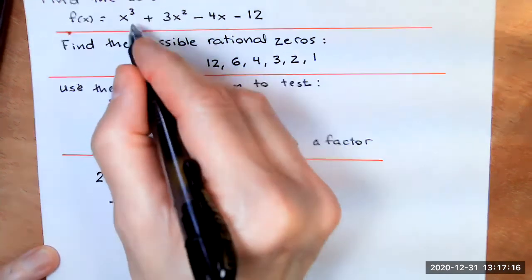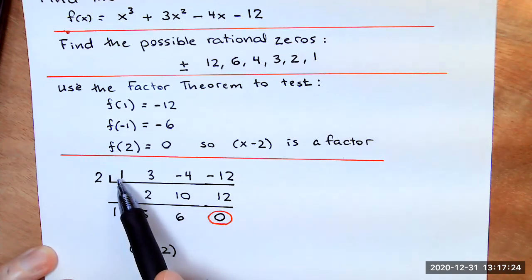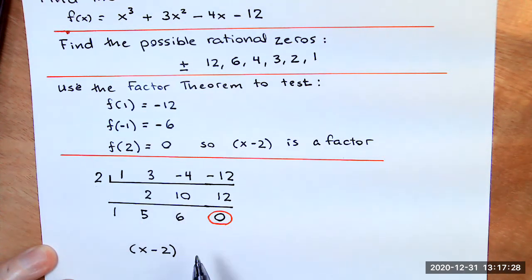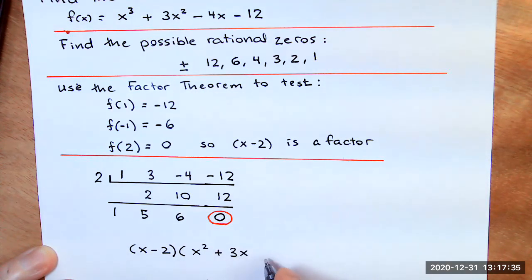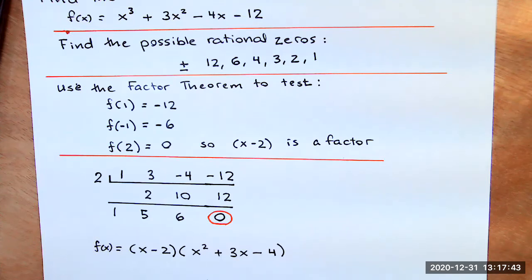So my original polynomial is equal to x minus 2 times, and we divided a third degree polynomial by a binomial, so we get a second degree. And then we can factor this in our head.